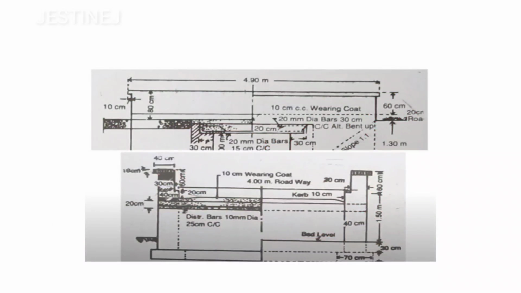How did we get that 50 centimeter? Up to here, it is mentioned as 60 centimeter, and you have to reduce 10 centimeter from that, since we need to find out this quantity later. So 60 minus 10 you will get 50 centimeter, and width is going to be 30 centimeter, and the length is going to be 4.7.